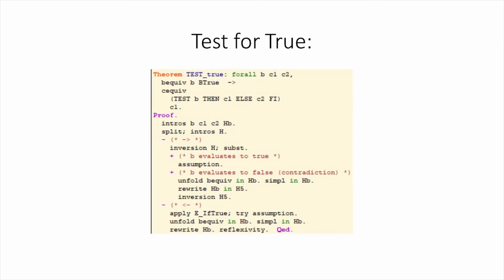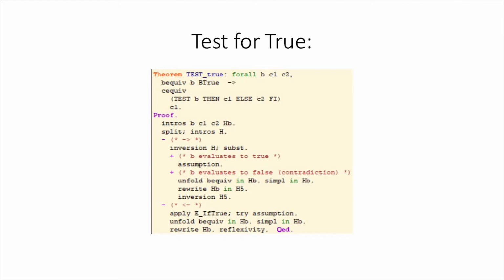So we have to show via proof in the Coq code that ST and ST prime, that if ST is equal to test of B, then C1, else C2, that yields ST prime. And then ST is equal to C1 yields ST prime. So basically we're just adding the additional ST prime to show that going from ST to C1 via B, given that B is Boolean true, yielding ST, that then it's a given that we get ST prime.